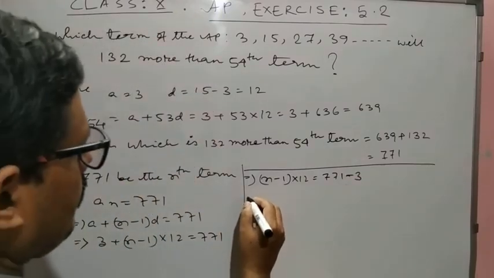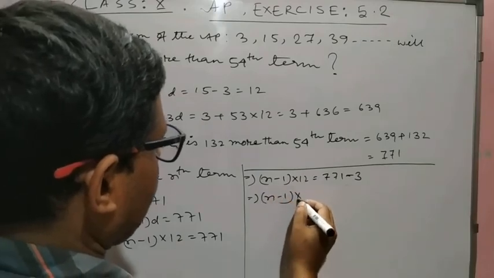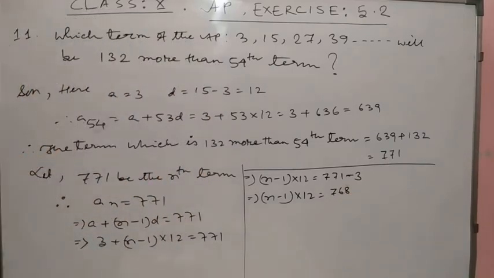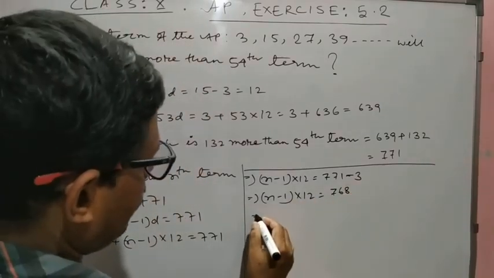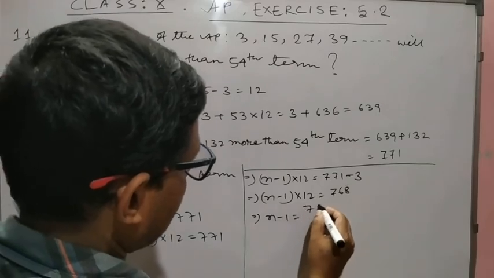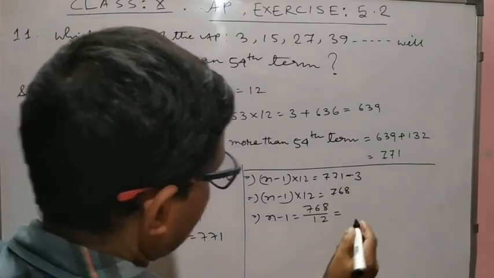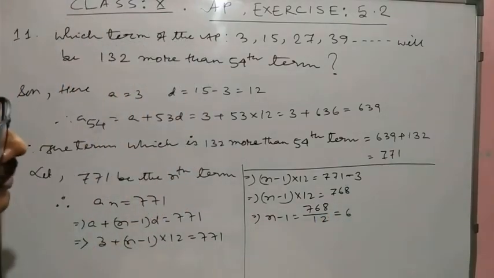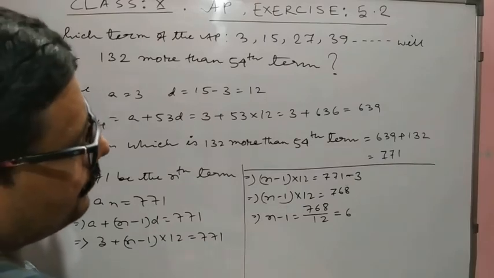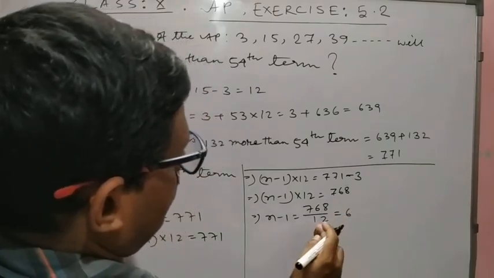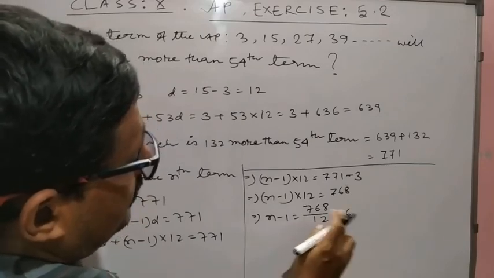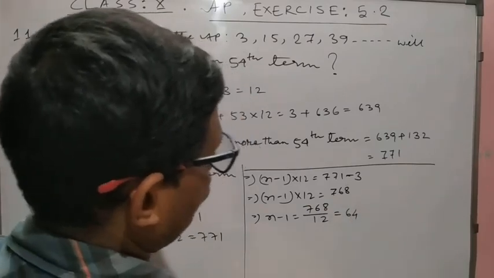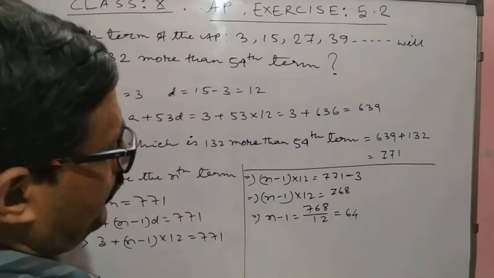So it will be (n minus 1) into 12 equal to 768. Now dividing by 12, we get n minus 1 equal to 768 by 12. If we calculate this, 12 times 6 is 72, 4 left, 48, so 12 times 4 is 48.